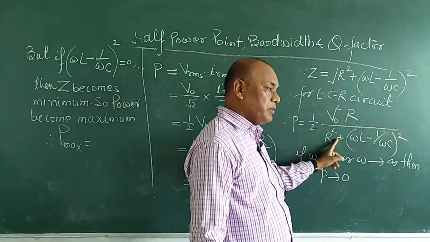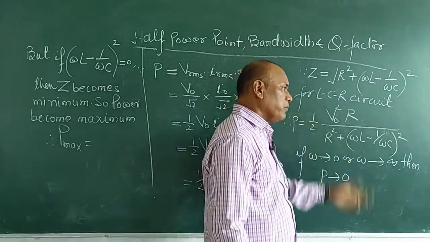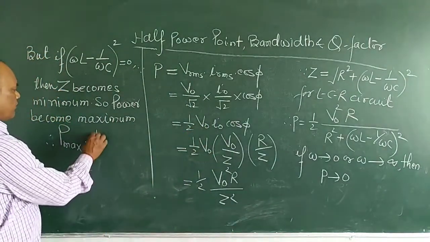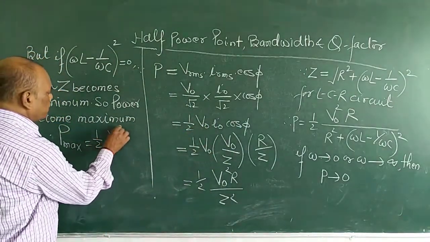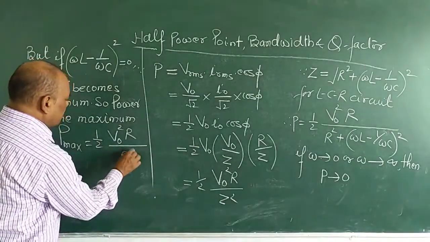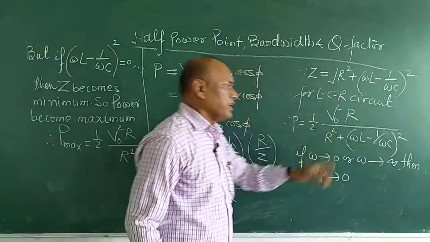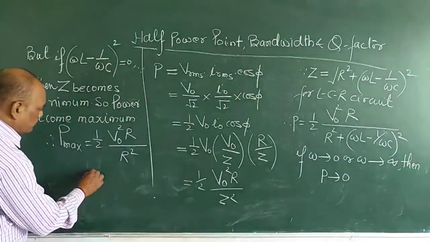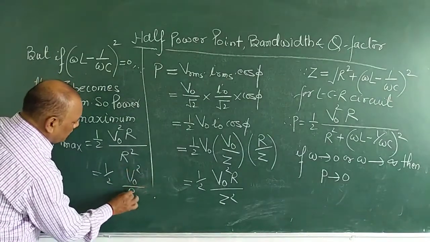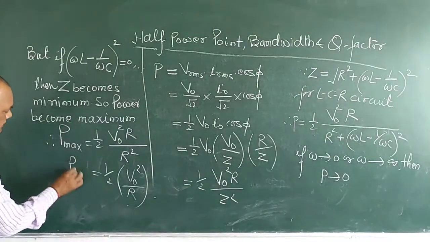Then Z becomes minimum and P becomes maximum. So what will be P max? Half V0 square R divided by R square, because that term is 0, so R square remains. This becomes half V0 square divided by R. This is P max.